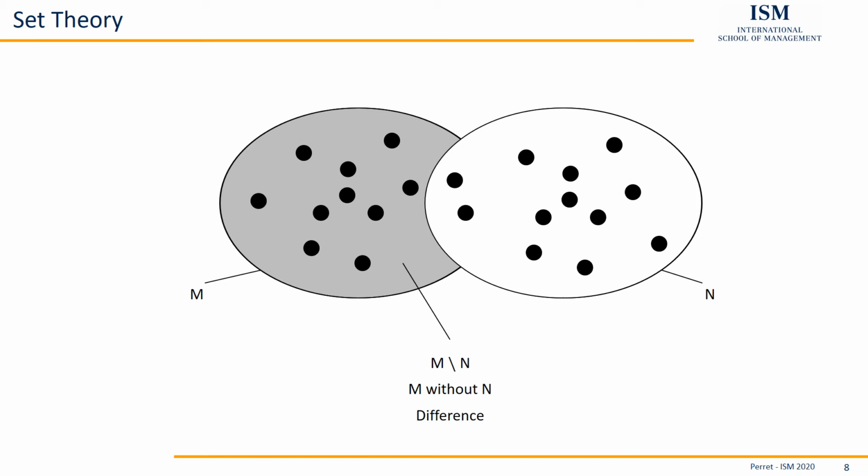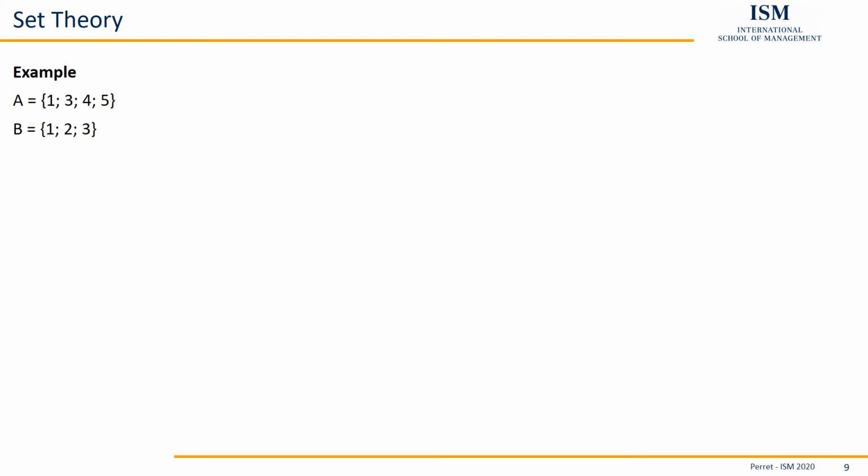That can be seen like subtraction, what we're going to do here. We subtract basically all the elements which are part of the other set as well. Let's illustrate this with a short example. Here we have the two sets 1, 3, 4, 5 and 1, 2, 3.